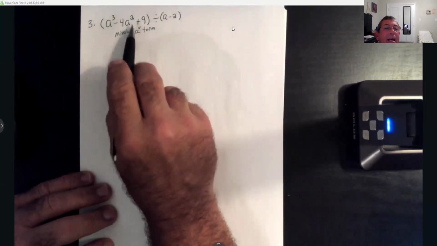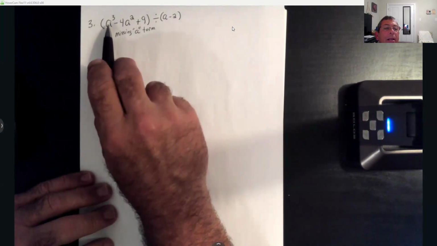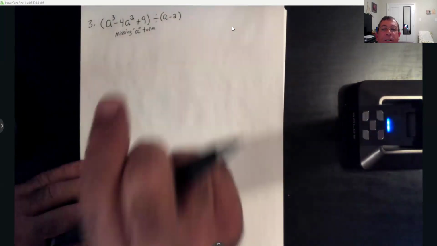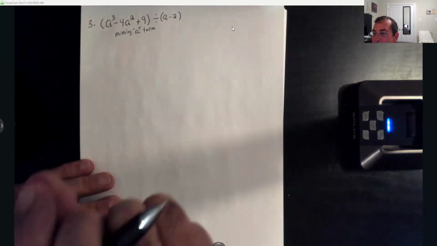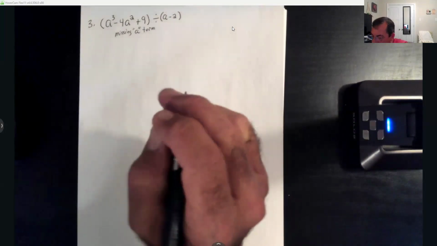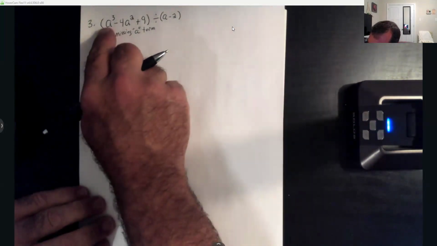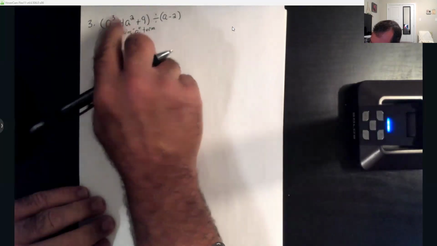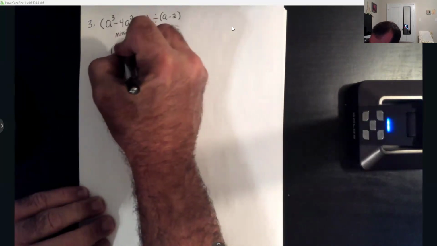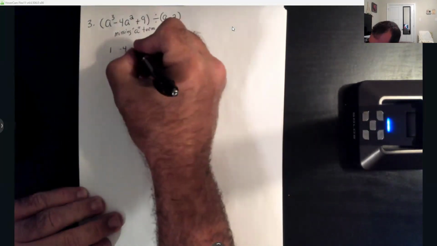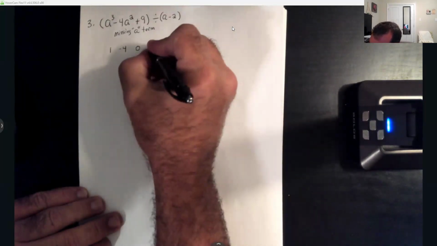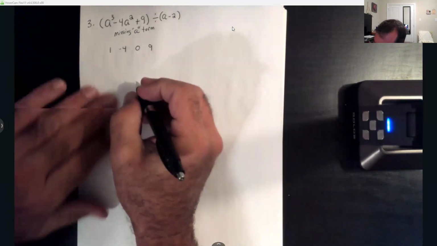So we're missing the a term because we got the a squared and a cubed and all that fun stuff. So that means when I write out the coefficients, I got to put a 0 in that placeholder. All right, y'all, so here we go. A cubed, I got 1a cubed minus 4a squared plus 0a, and then plus my 9.